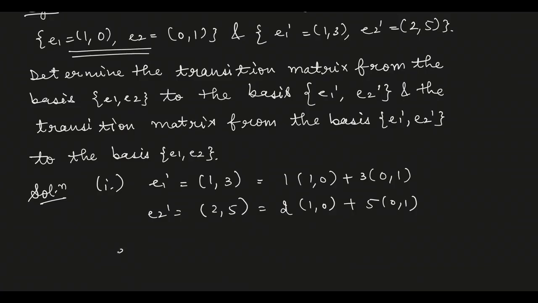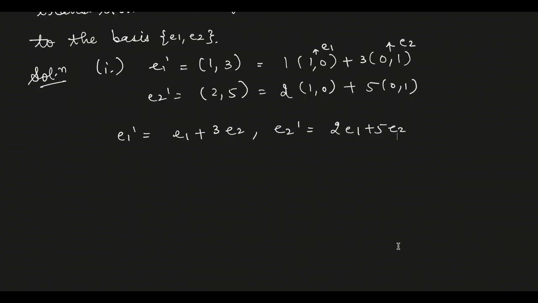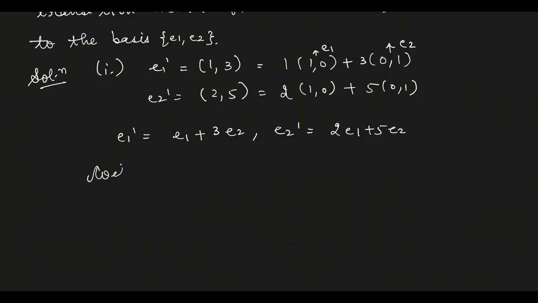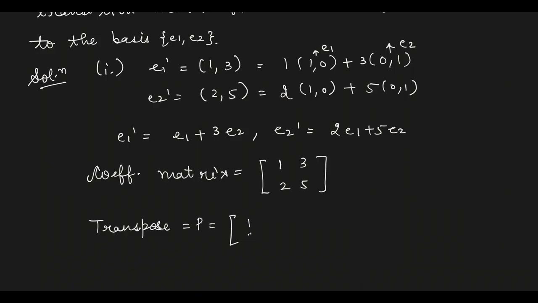This means that E1 dash is E1 plus 3 E2, and E2 dash is 2 E1 plus 5 E2. So the coefficient matrix is [1, 3; 2, 5], and its transpose is my transition matrix: [1, 2; 3, 5].